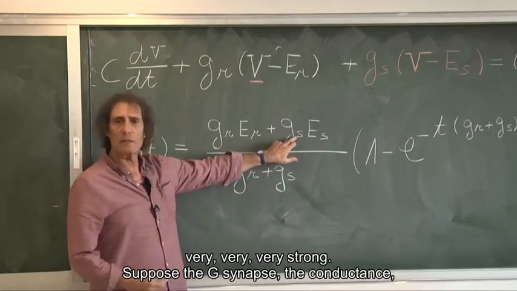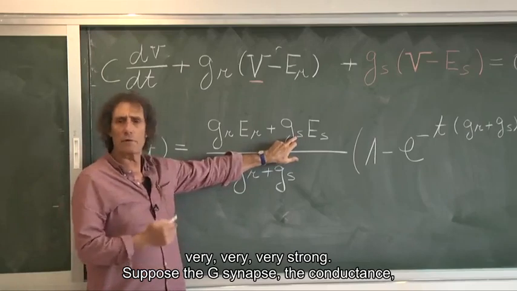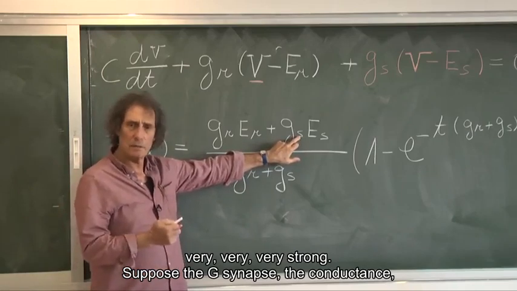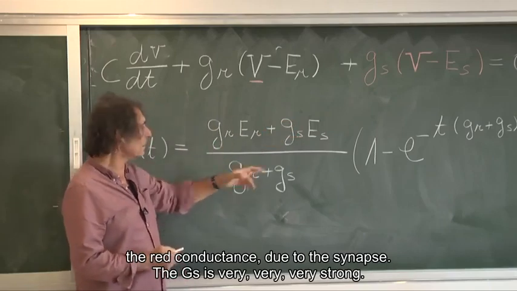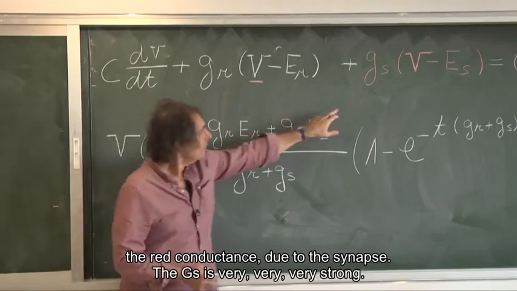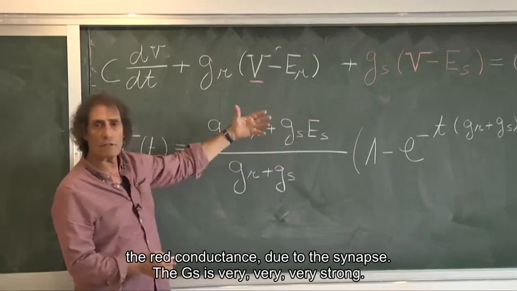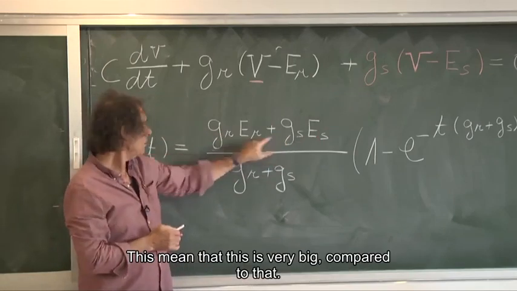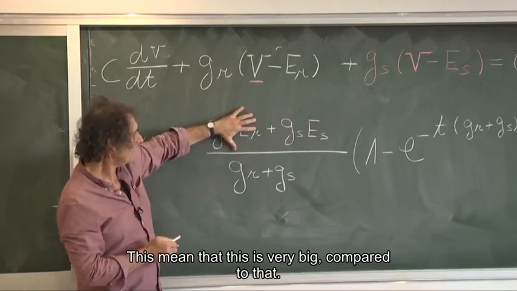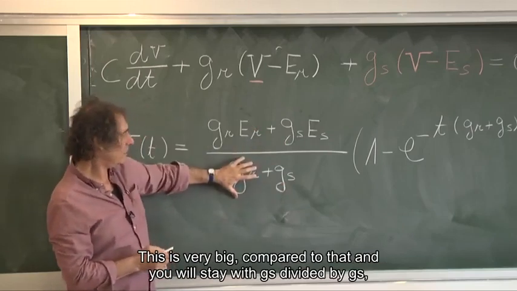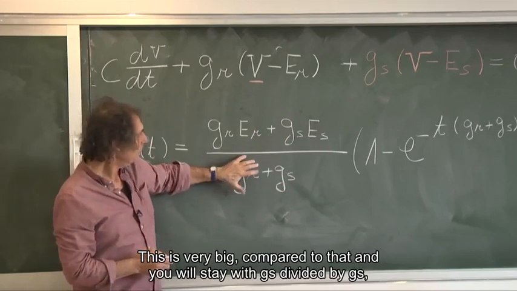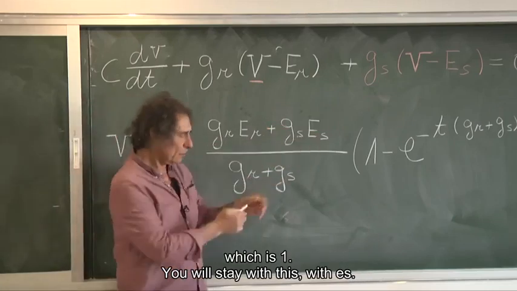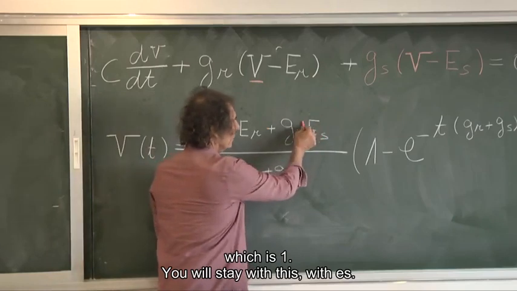Suppose the synaptic conductance, the red conductance due to the synapse, GS, is very, very strong. This means that this is very big compared to that. And you will stay with GS divided by GS, which is 1. You will stay with ES.